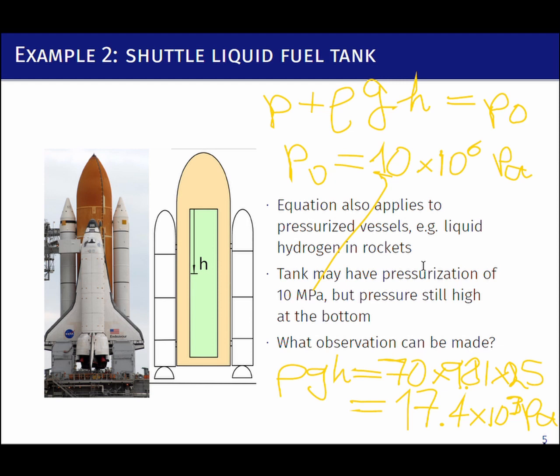From a practical perspective, this means there is virtually no difference in pressure between the top and the bottom. The pressure at the top of the tank is 10 megapascals, and the pressure at the bottom of the tank is 10 megapascals and a little bit.